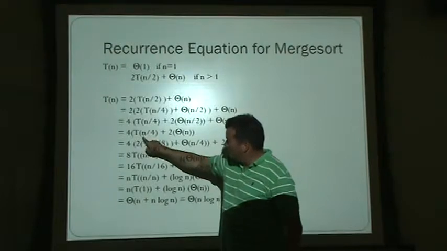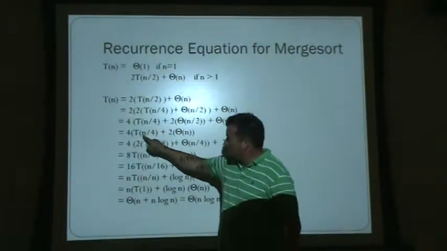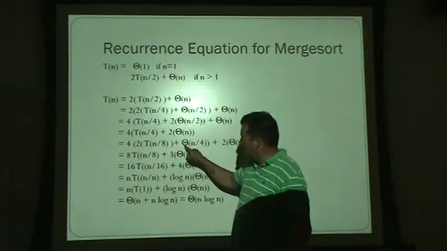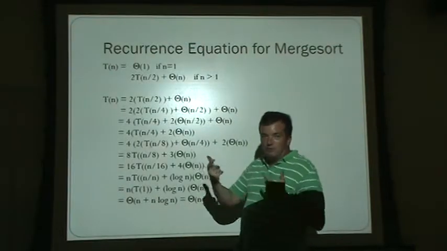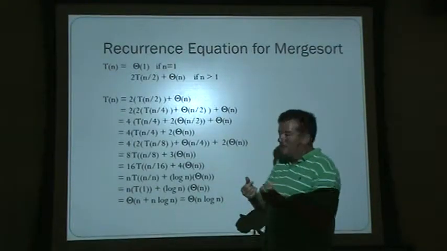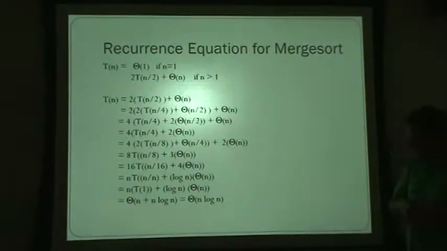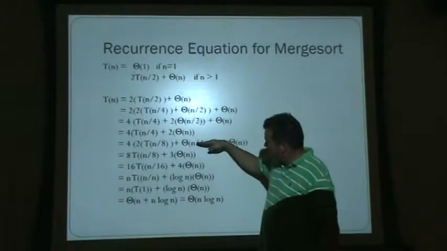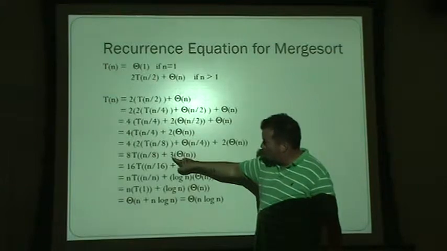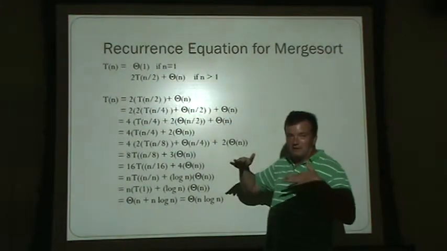And then if we wanted to take T of n over 4, that's really the same as 2 times T of n over 8 plus the merging of 4 mini lists together. And then we can clean that up, and we end up getting 3 merged layers.